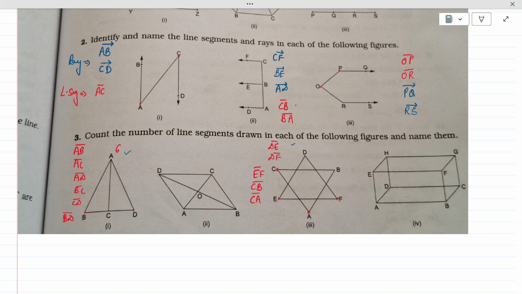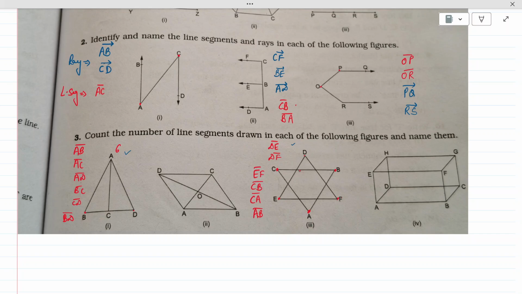Now the next point is A. We'll go to A. AC, which is equal to CA, and the other one is AB. We will write the AB here. And then coming to B, we have BC, which is equal to CB, done. BA, which is equal to this. This is also done. So these all are the line segments here.